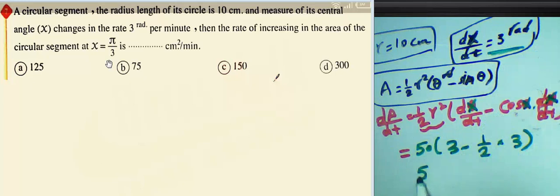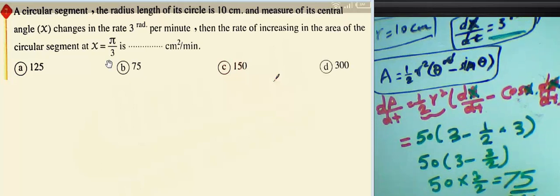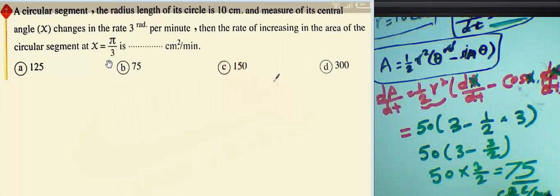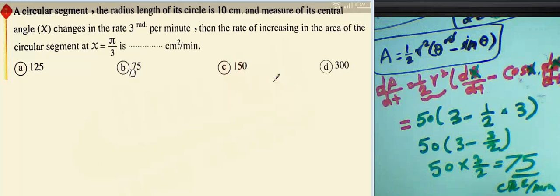So the result will be 50 multiplied by 3 subtract 3 over 2, which means 3 times 3 over 2. It will be 75 centimeter squared per minute. Choose the result 75.